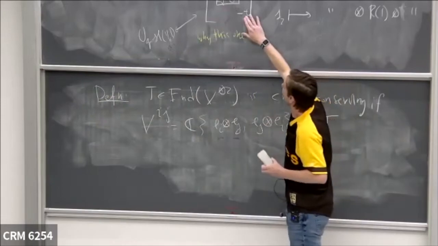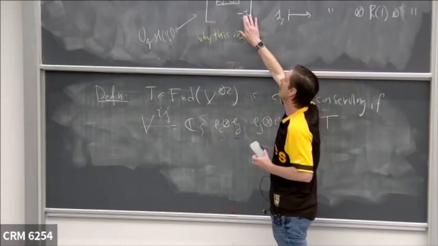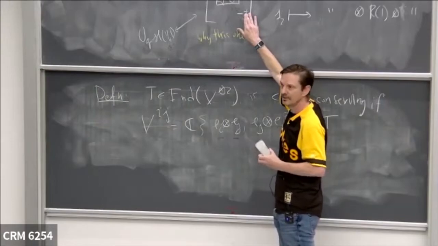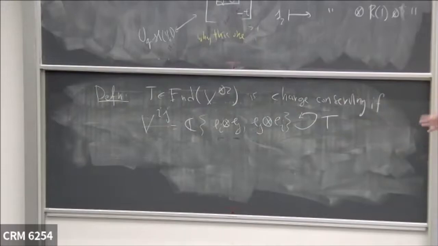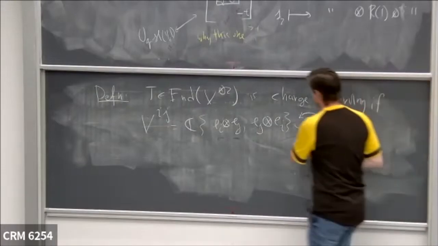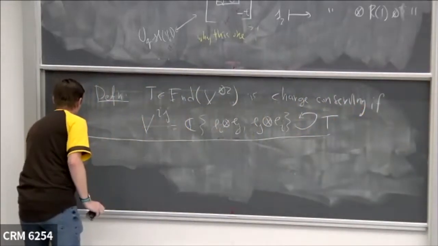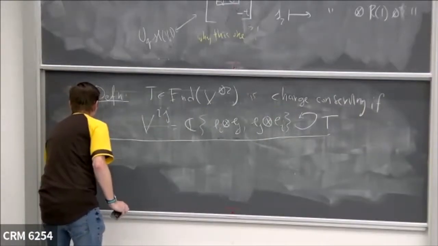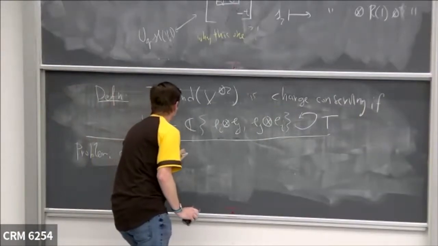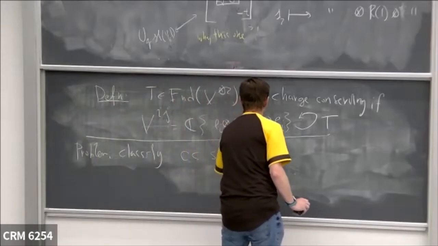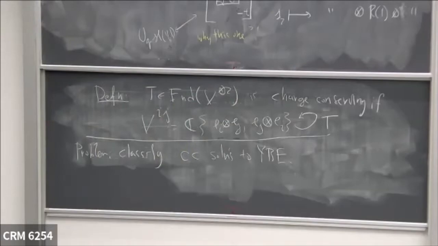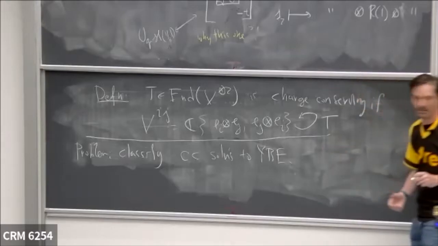And e_1 tensor e_1 is preserved, and the same with e_0 tensor e_0. So this is charge conserving. This is a general definition. And so here's the problem: classify charge conserving solutions to the Yang-Baxter equation. That's the question, and this is what we were able to do.